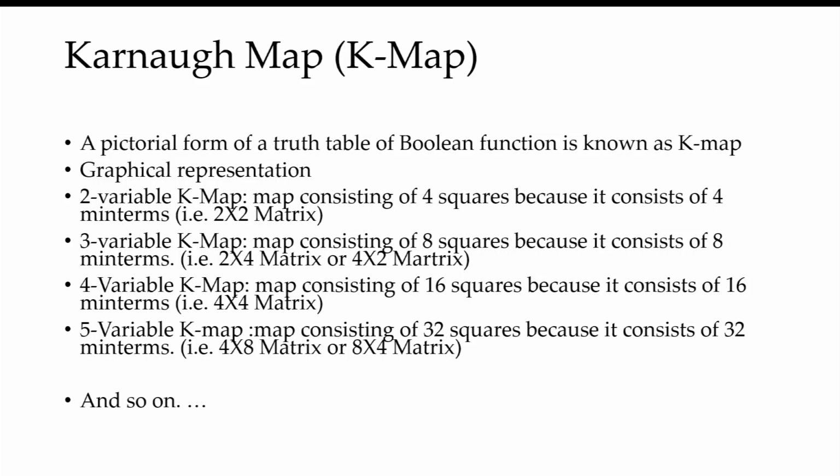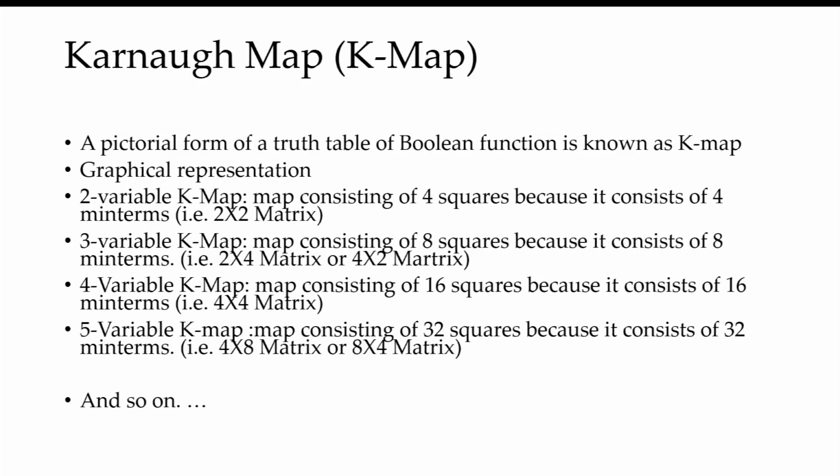For a 2 variable K-map, meaning the Boolean function contains 2 variables, the total number of minterms is 4, and the 4 minterms are represented through 4 cells. So we design a 2 cross 2 map, generally a 2 cross 2 matrix, and each cell of the map represents a particular minterm in case of an SOP function and a particular maxterm in case of a POS function.